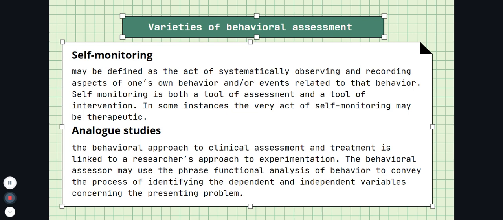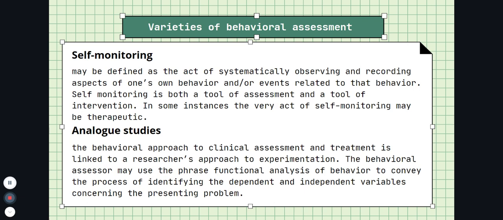So next is the self-monitoring. It may be defined as the act of systematically observing and recording aspects of one's own behavior and or events related to that behavior. Self-monitoring is both a tool of assessment and a tool of intervention. In some instances, the very act of self-monitoring may be therapeutic.